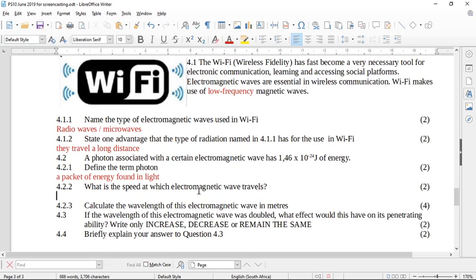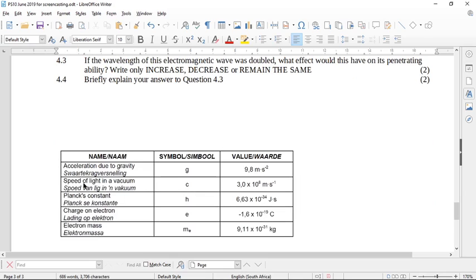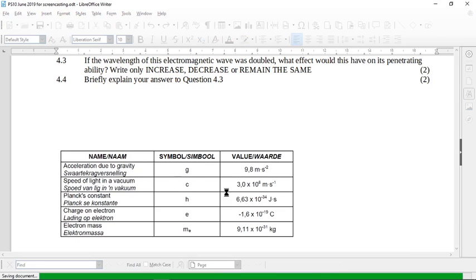You know that all electromagnetic waves travel at the same speed in the medium. That is one of the defining characteristics of electromagnetic radiation, and the speed is given to you in this table. Speed of light in a vacuum, because light is an electromagnetic wave.